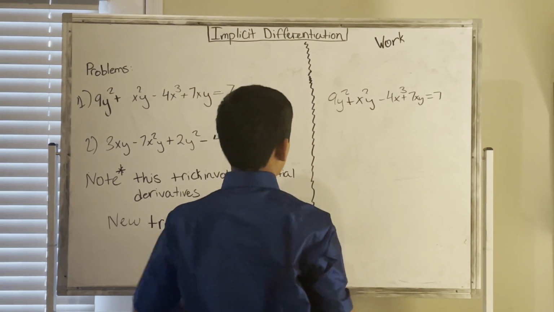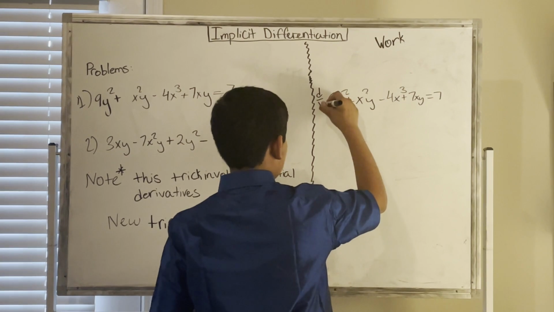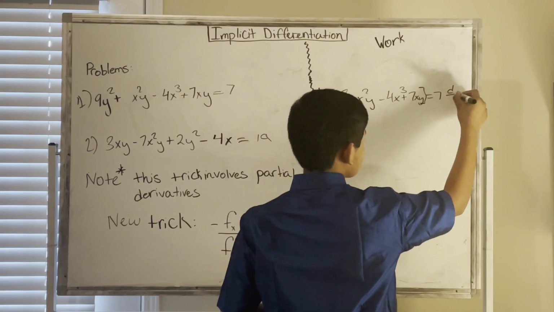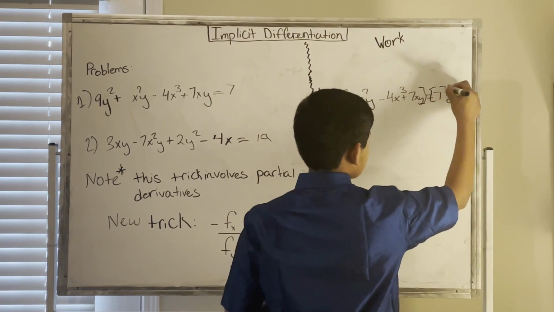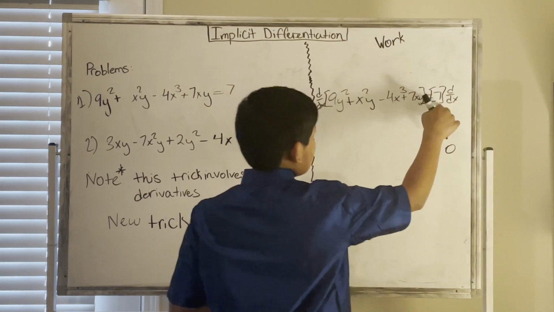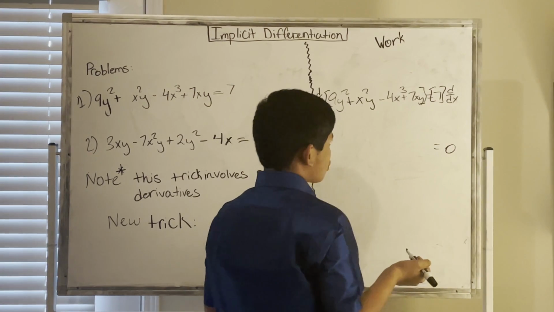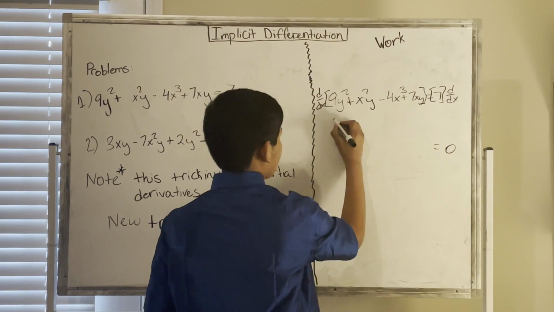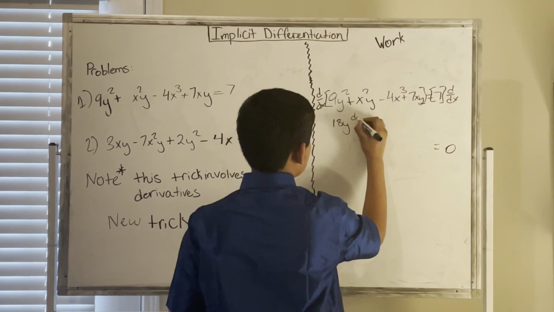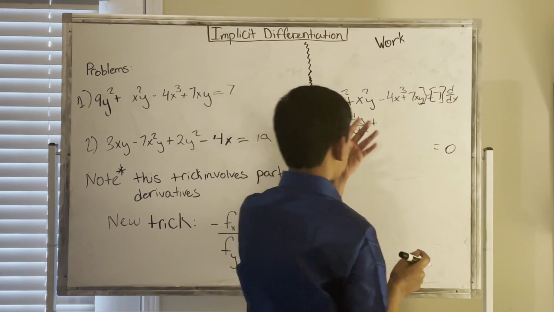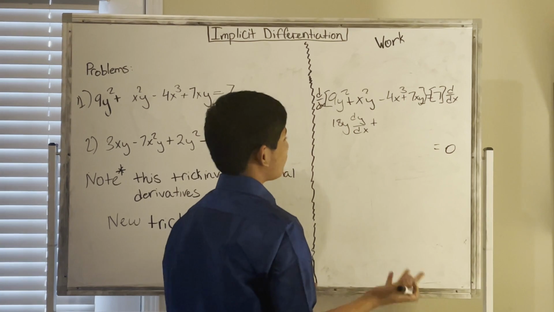So 9y squared, if we take the derivative with respect to x and use implicit differentiation, the 7 is going to become 0 once we take the derivative with respect to x. But on the left-hand side, this is going to become 18y dy dx plus, now we have to use the product rule, x squared and the derivative of y is dy dx.